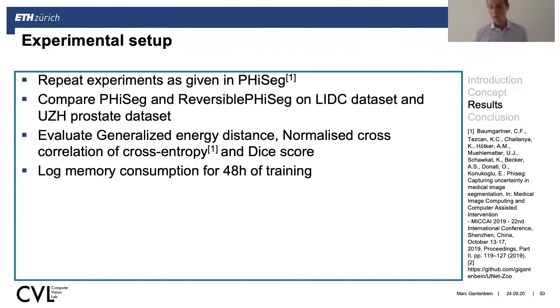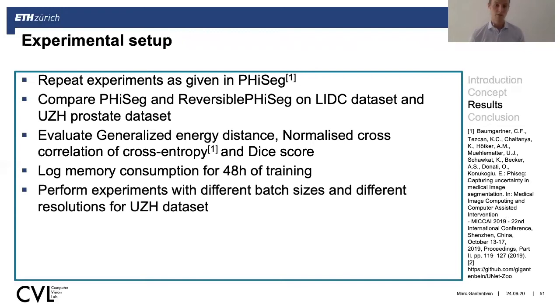We logged the memory consumption to see if we indeed have any memory advantage and trained them for 48 hours, as was done in PHiSeg as well. The experiments were additionally performed with different batch sizes and different resolutions for the UCH dataset, and the experiments and architectures are publicly available on GitHub.